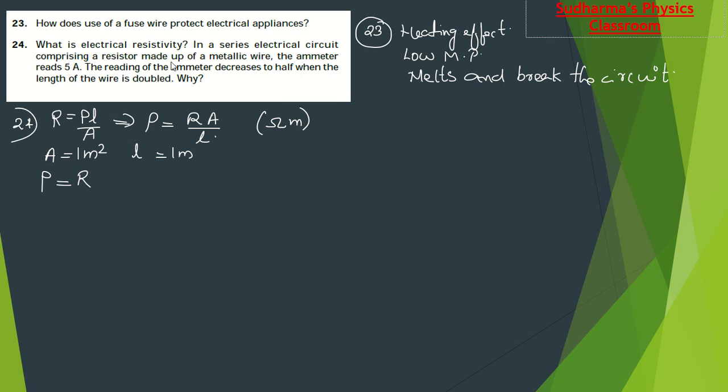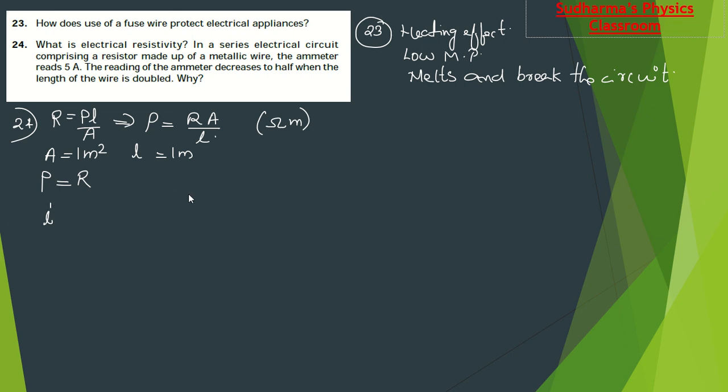In a series electrical circuit comprising a resistor made up of metallic wire, the ammeter reads 5 ampere. So the current reading is 5 ampere. The reading of the ammeter decreases to half when the length of the wire is doubled. So the length of the wire is doubled, meaning the new length L dash is 2L.